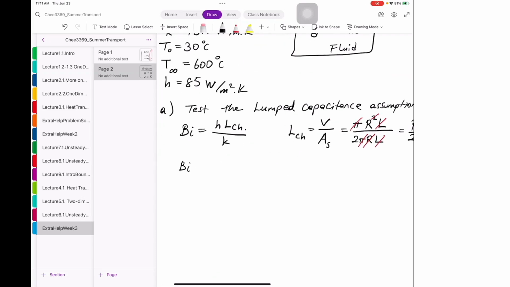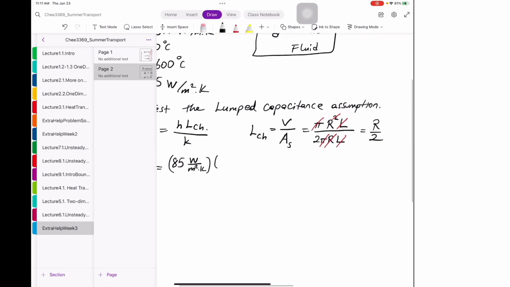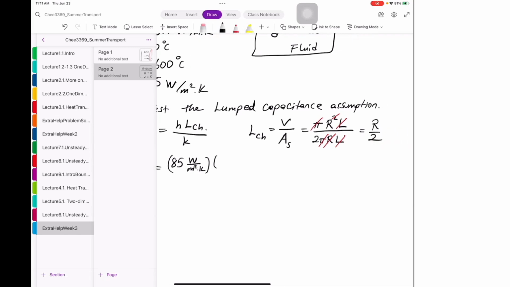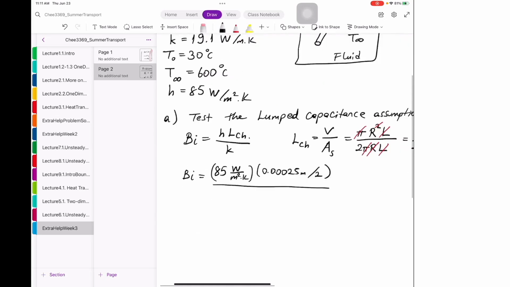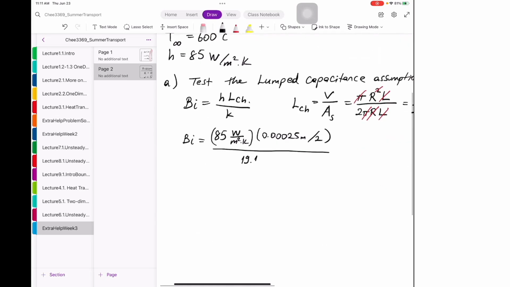And the Biot number is equal to H, which is given as 85, times L characteristic, which is basically R over 2, which is 0.00025 meters divided by 2, divided by K, which is given as 19.1 watts per meter Kelvin.